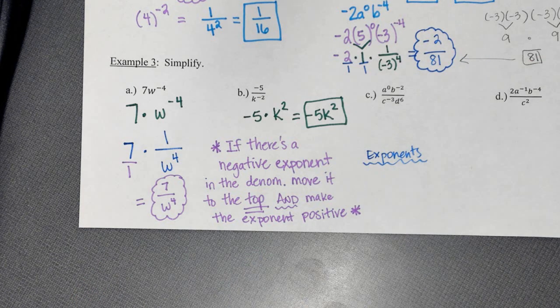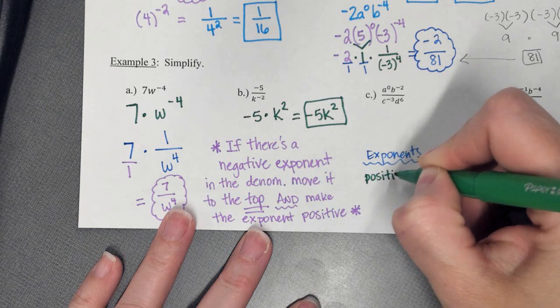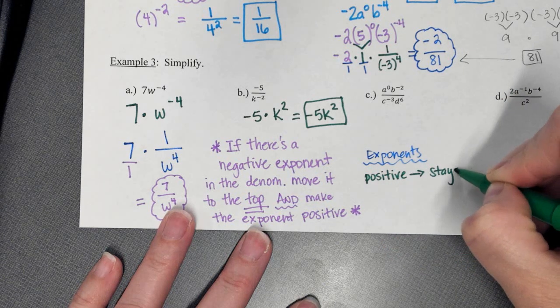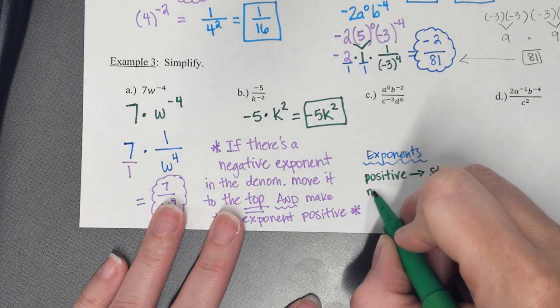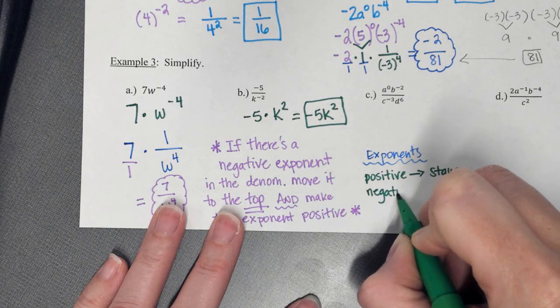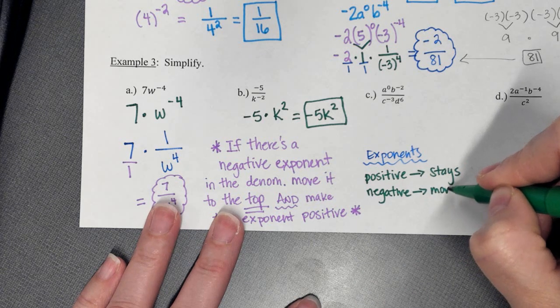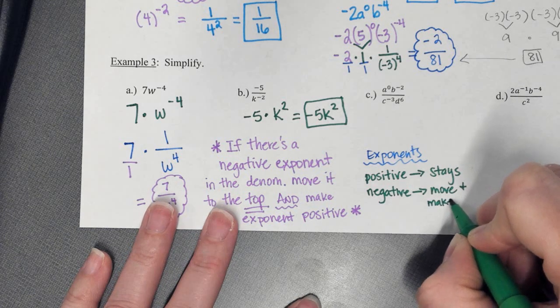Okay, the exponents are either positive or negative. We like it when things are positive. So if it's positive, it stays. If it's negative, you move and you make it positive.